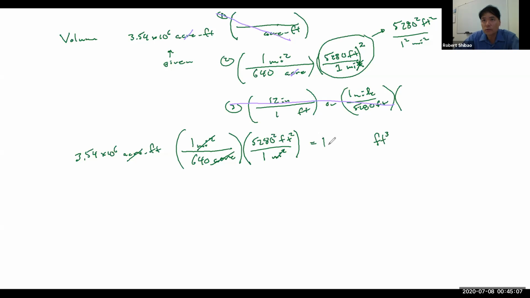And so this comes out to, let me do sig figs, 1.542 times 10 to the 11 cubic feet. And so Lake Oroville has 1.54 times 10 to the 11th cubic feet, or 154 billion cubic feet.